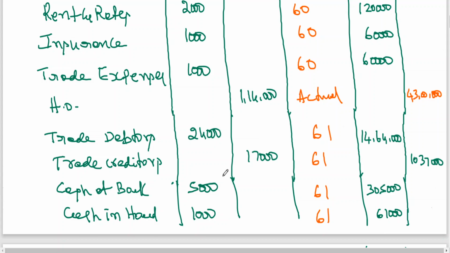Is this clear to all of you? The total is coming to... I need to cross check where it went. 1 crore value. I think the totaling has to be done properly.